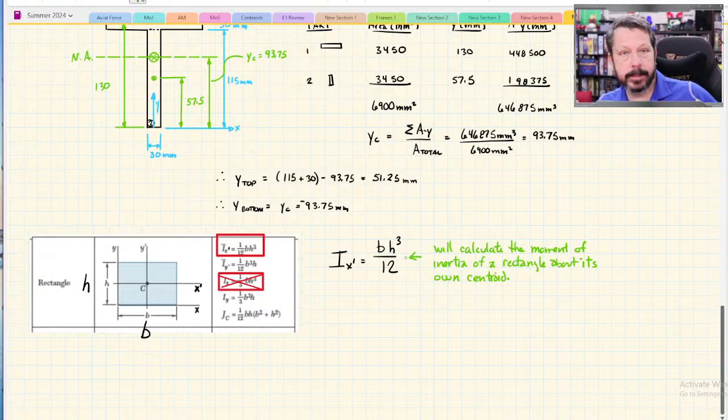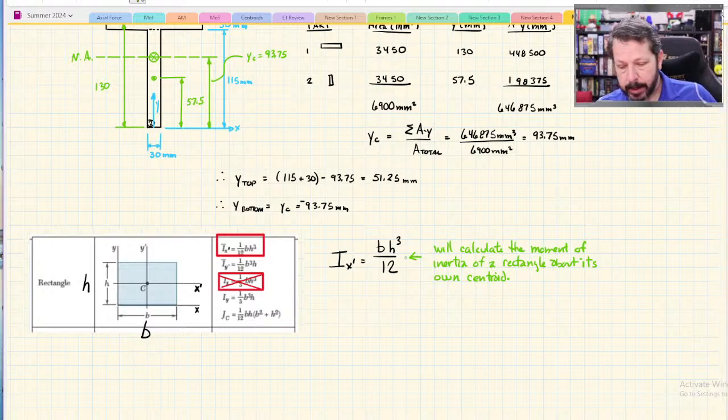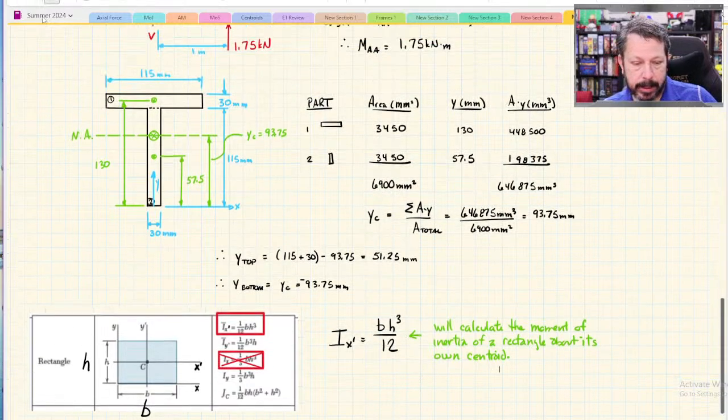They've got the centroid C labeled. It's in the very center of a rectangle. So that's great, except that if I'm looking at my T shape here, I've got those two centroids labeled, and they're not at the neutral axis of the whole shape. So this equation by itself is not going to be enough.